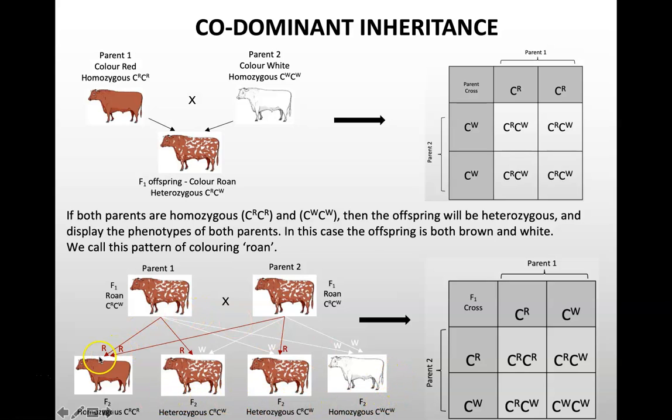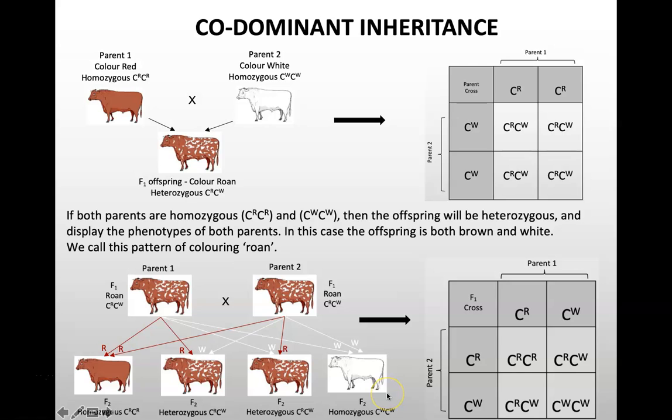So we can see one red allele going to this cow from parent 1, and the other red allele going from parent 2, creating that homozygous colour red, just like parent 1 up here. Then we have our intermediate roan cows again, one red allele and one white allele from the parents, and again one red and one white allele.